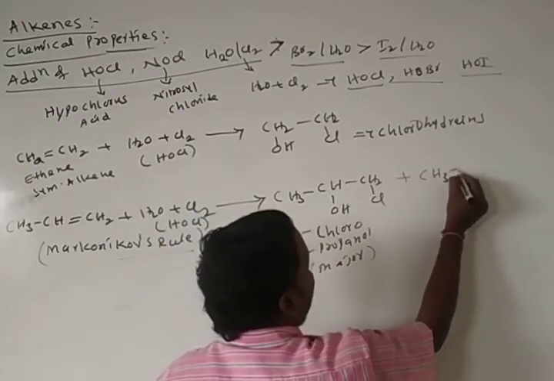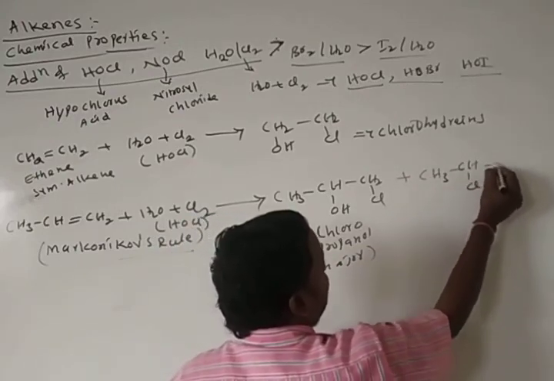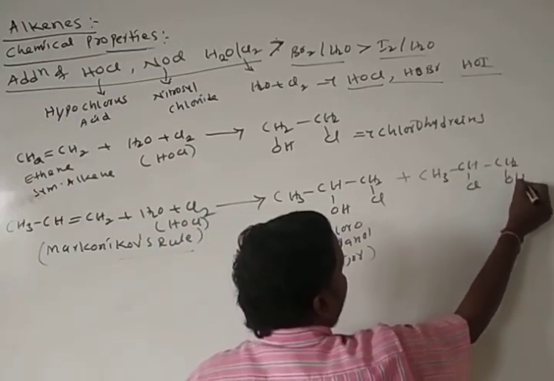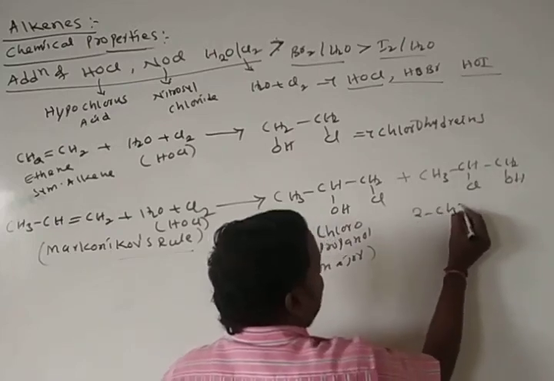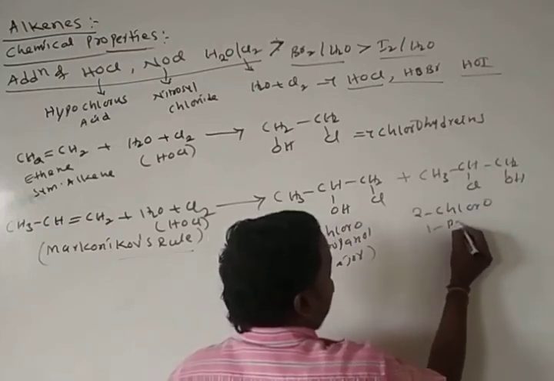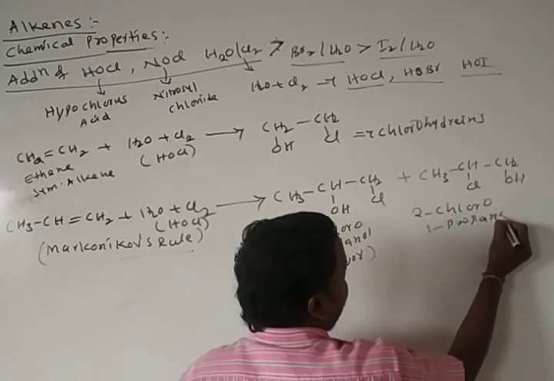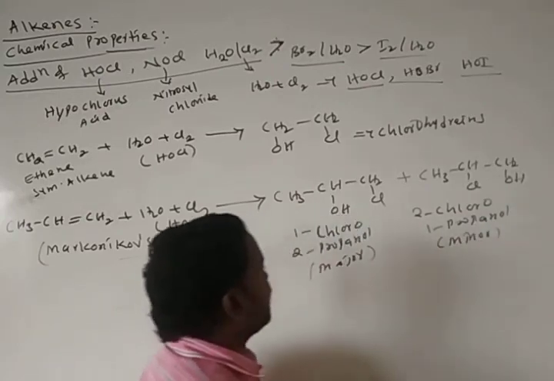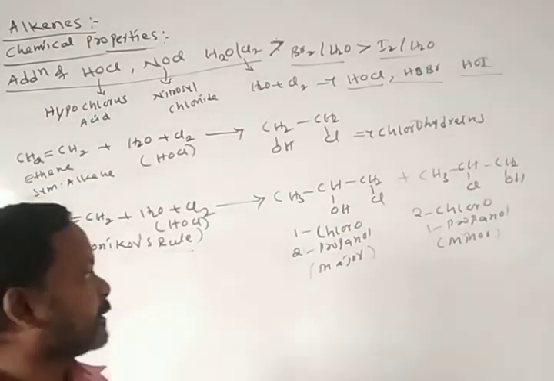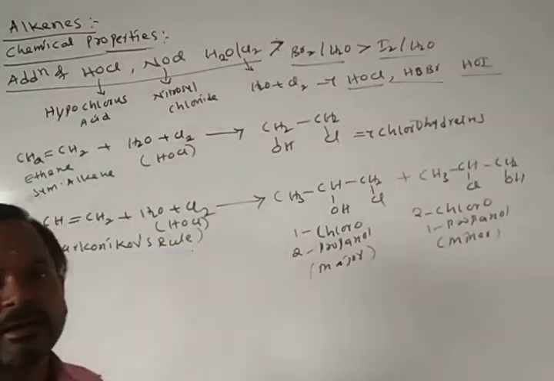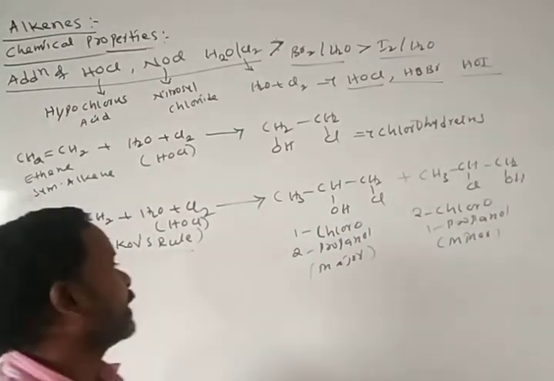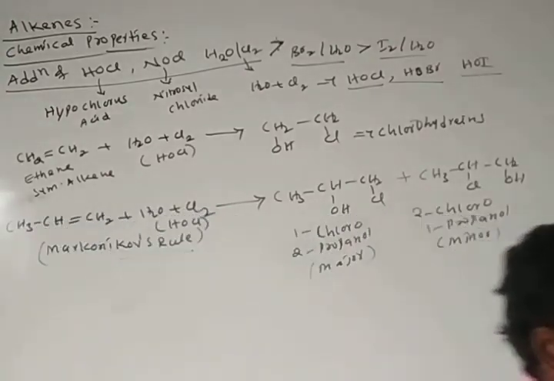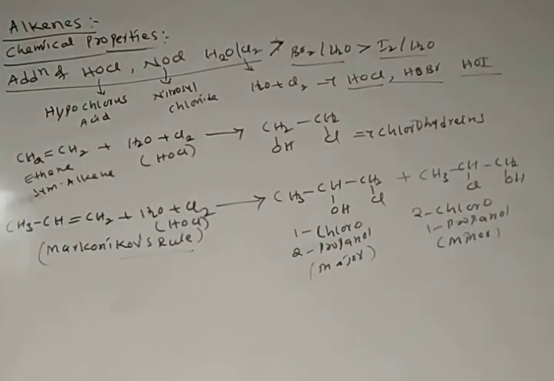Along with this, CH3, CHCl, CH2OH, 2-chloro-1-propanol, is the minor. The major one proceeds through a secondary carbocation, the minor one through a primary carbocation. That's why this is the major product and that one is the minor product.